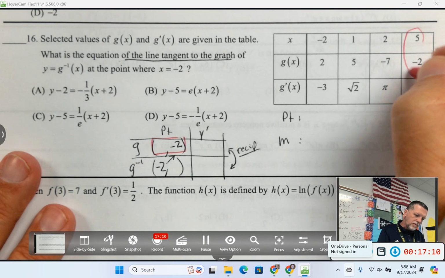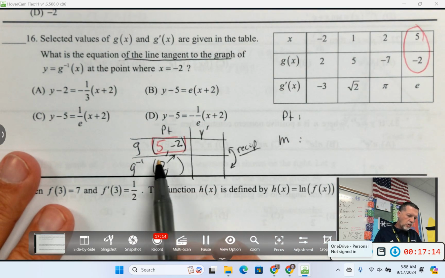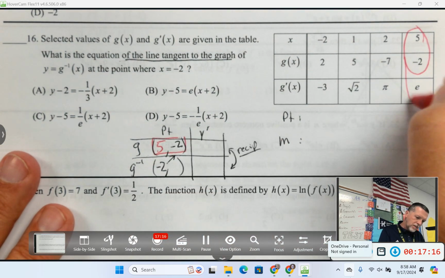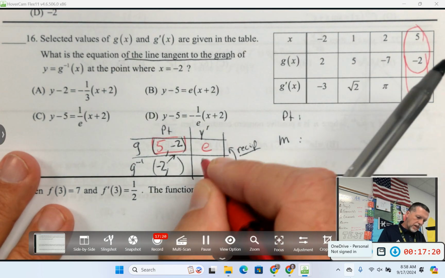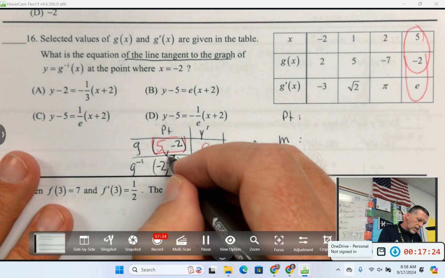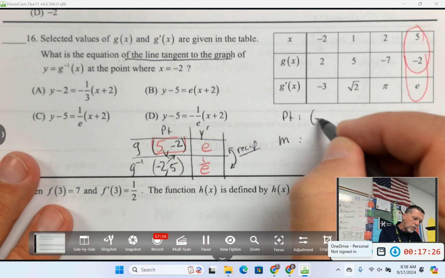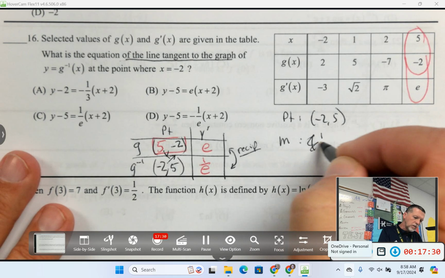Yeah, that would have been 5. G prime at 5, I'll go ahead and put E. And then the reciprocal would be 1 over E. And so my point is negative 2, 5. My slope is 1 over E.